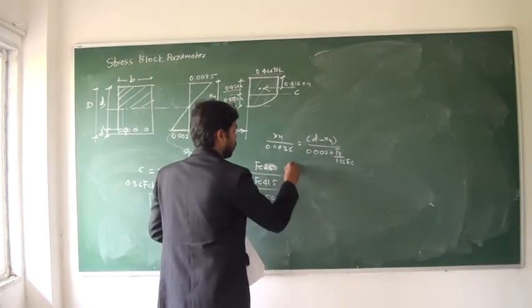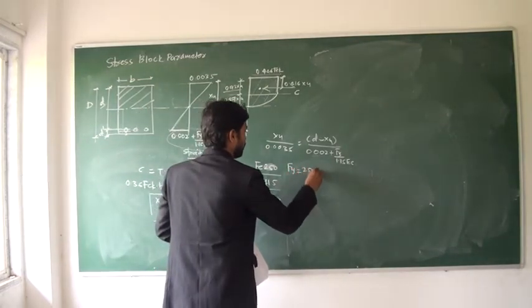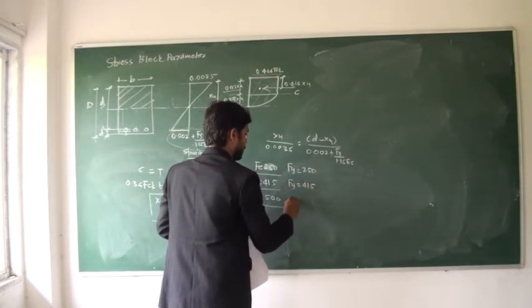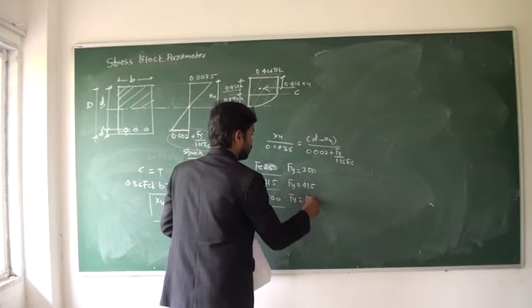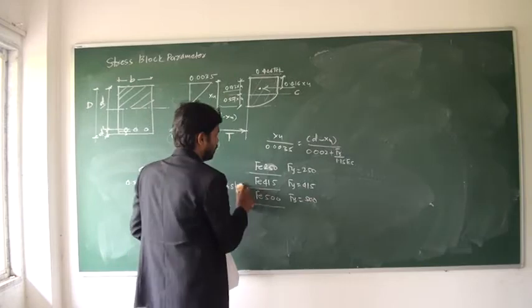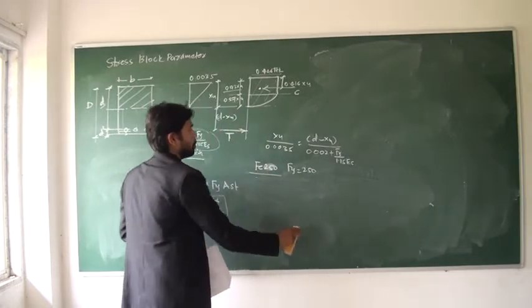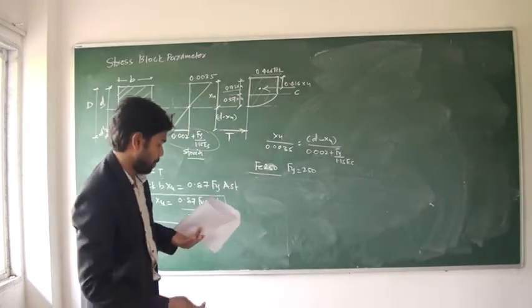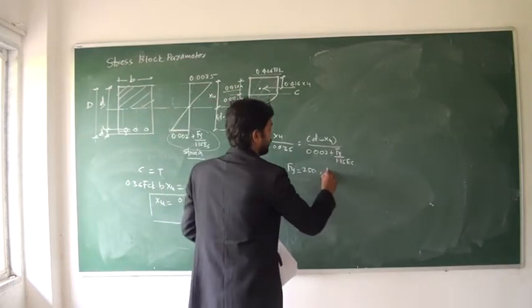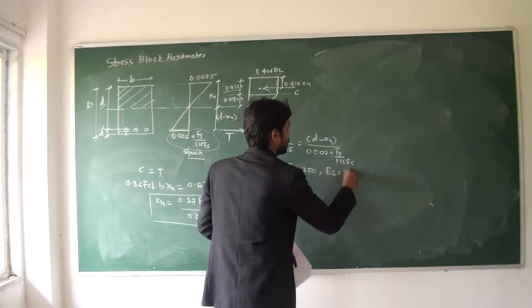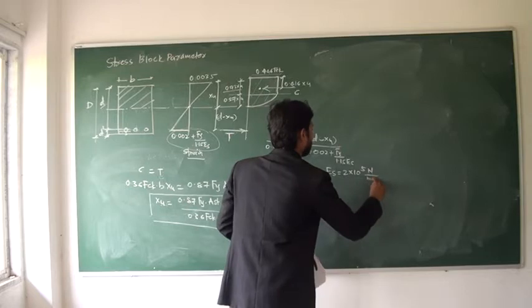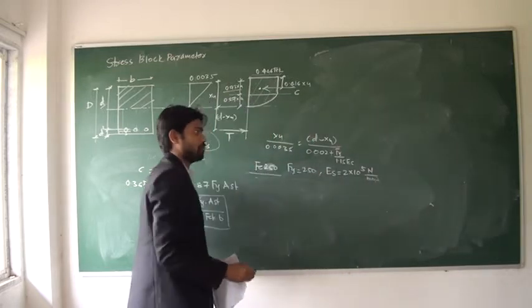So we'll take Fe250. For Fe250, Fy will be 250. Es means Young's modulus of steel, which is 2 into 10 raised to 5 Newton per mm square.